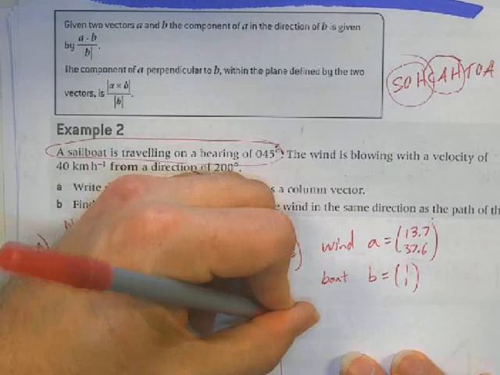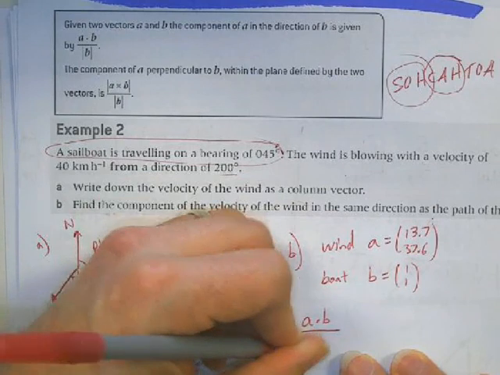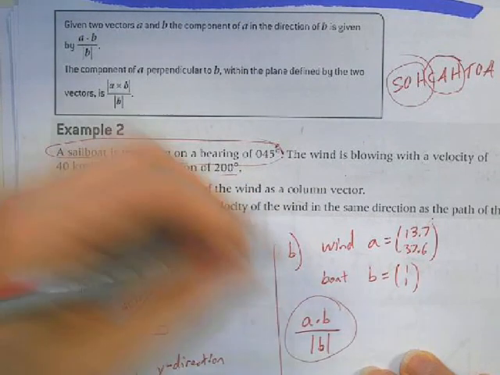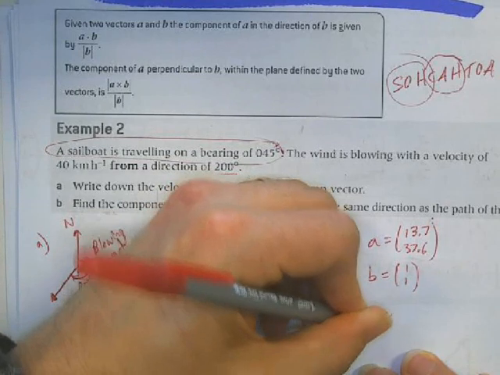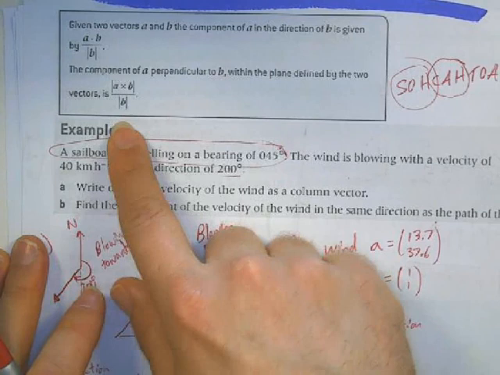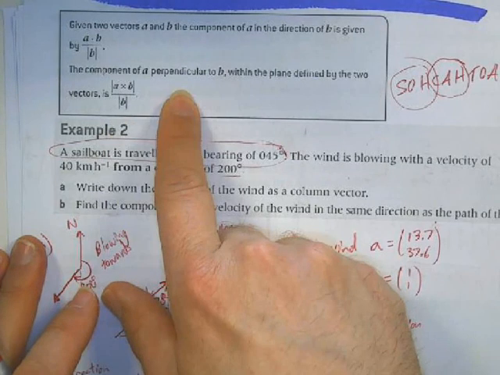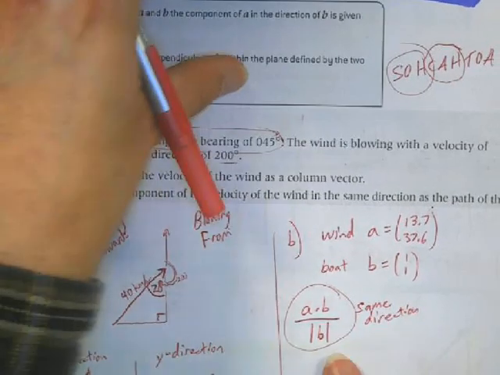So A dot B over the magnitude of B, right? If it's in the same direction. I would be using this one here if it's perpendicular. Okay, so if it's in the same direction, let's figure this out.